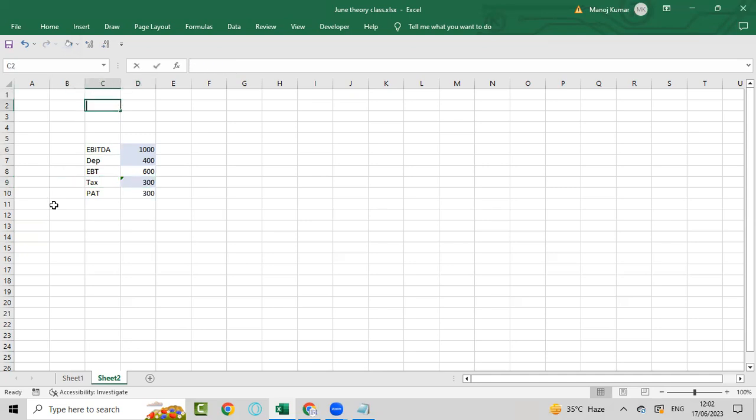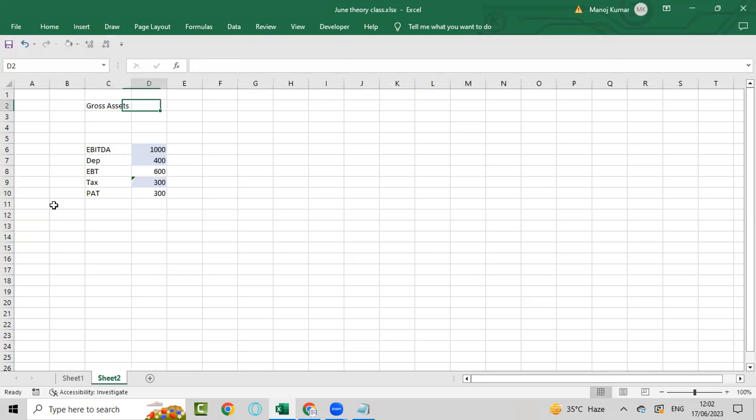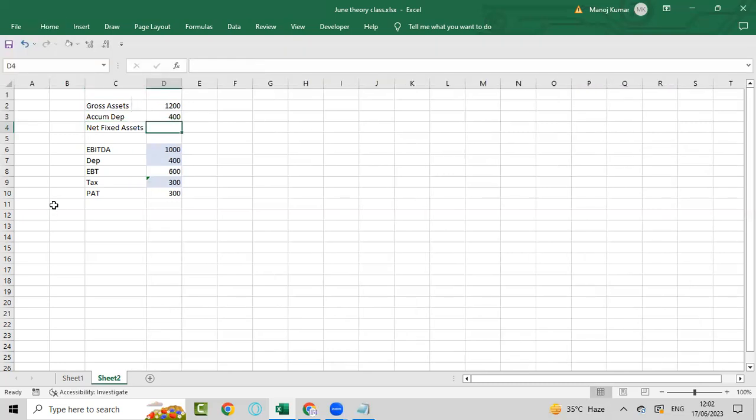Now in the balance sheet, we have gross assets of 1200. Accumulated depreciation is how much? 400. Net fixed assets will be this minus this.